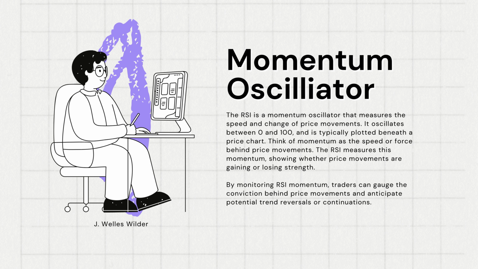The RSI will measure this momentum, and it will show you whether price movements are gaining or losing strength. By monitoring this RSI, we can gauge the conviction behind these price movements and anticipate if there's a potential trend reversal or continuation. This information provided by the RSI is otherwise hidden in the price chart.